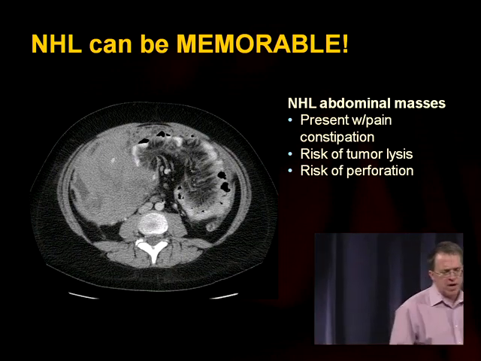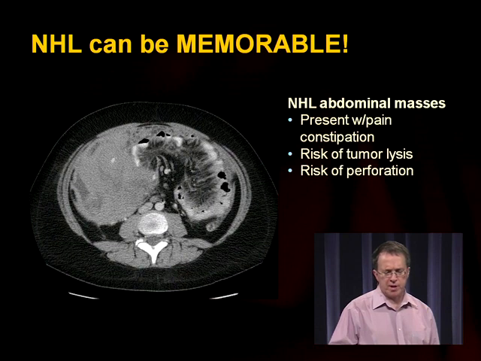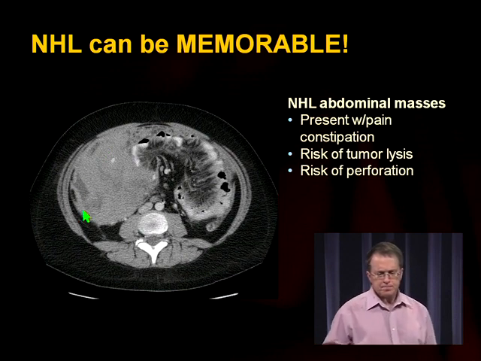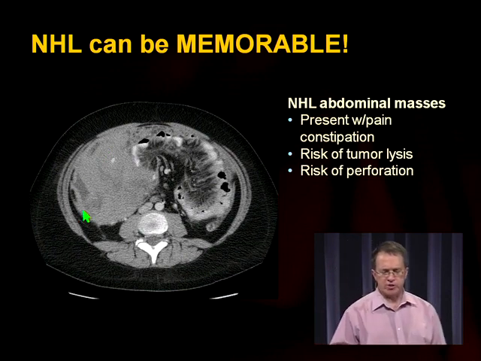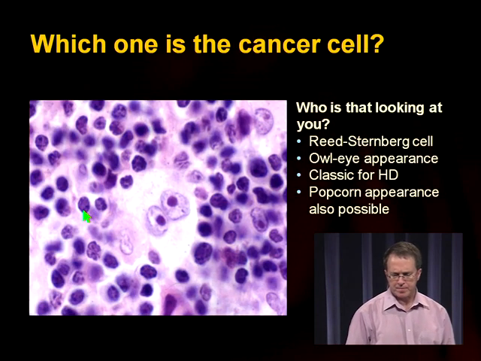And so I put this one in as a crazy picture to help you remember something about non-Hodgkin's lymphoma, and that these can be massive tumors. This is your tumor right over here, and this massive tumor can lead to all sorts of problems, including a risk of perforation.